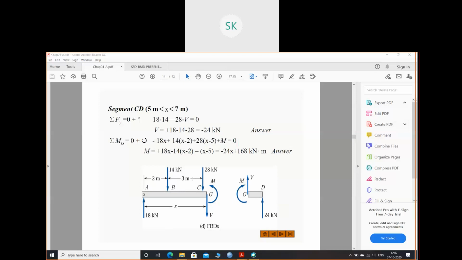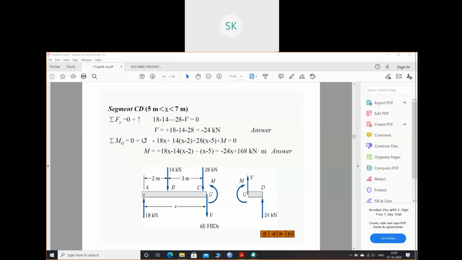So if I take the summation of all the forces, it will be 18 minus 14 minus 28, right? And minus V equals 0. So this is 24 kilonewton.